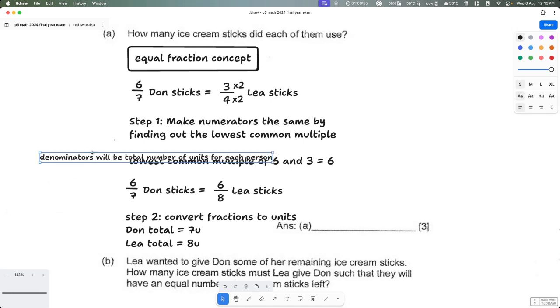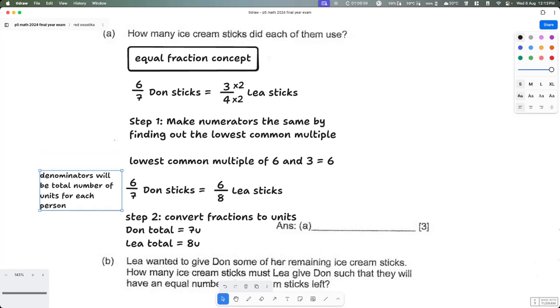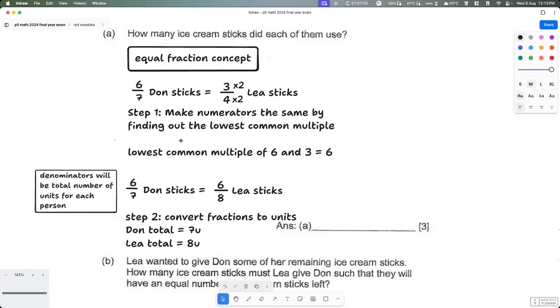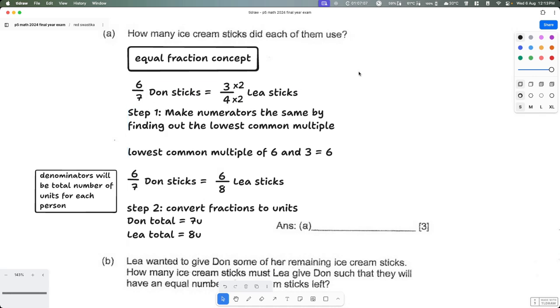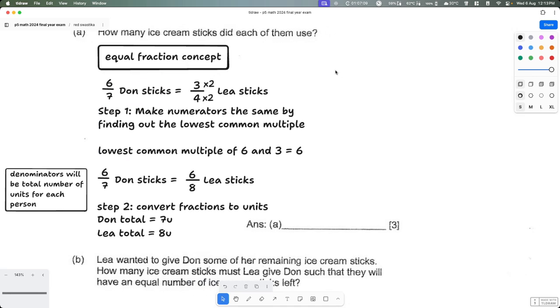So we have the total units, then we can solve. So step 3, you just solve.